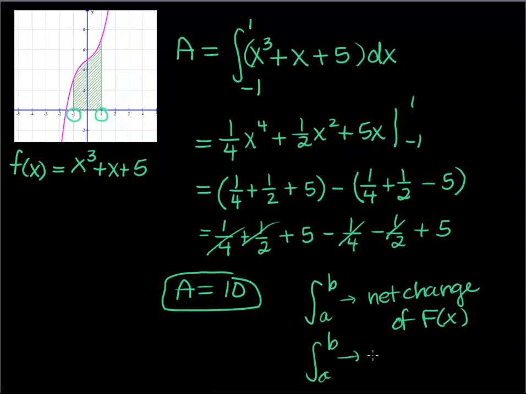This also can give me the area, not under big F, but under lowercase f of x from a to b, okay? If I got 10 here and I got 10 here, it's the same thing. We just have to look at the context of the problem to know which one it means, right? Does it mean net change, or are we talking about area from A to B?